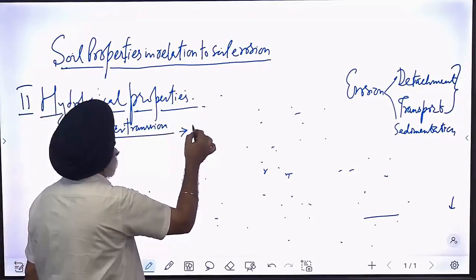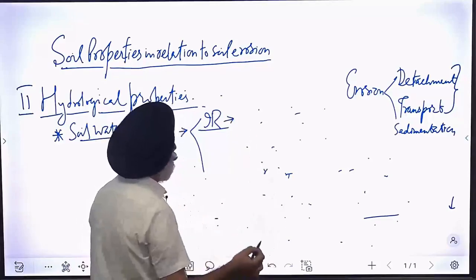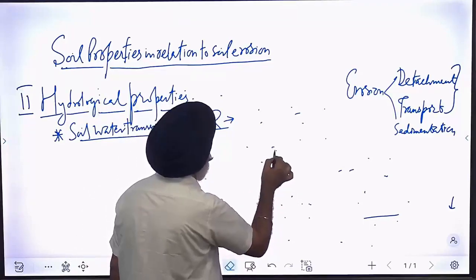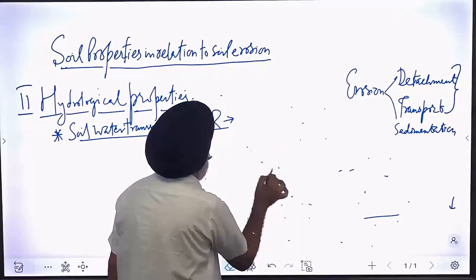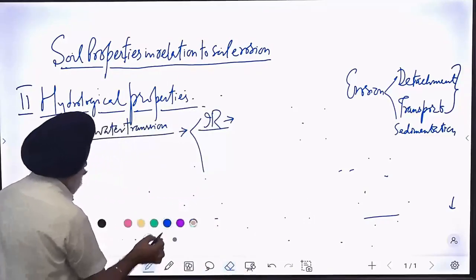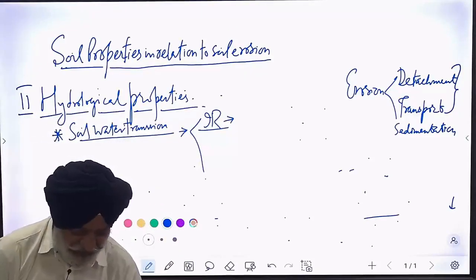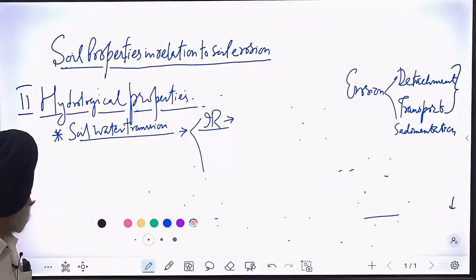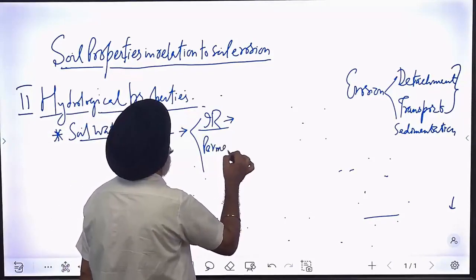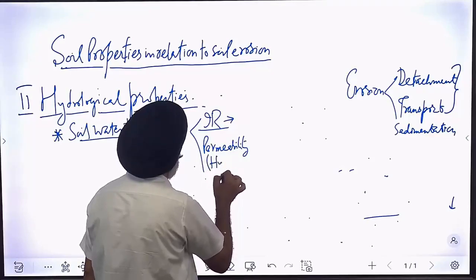Now, soil water transmission, when we say so, one is infiltration rate again. And just now we discussed the infiltration rate, it is a function of soil texture. And we also noted that higher the infiltration rate, lower will be runoff, lesser will be soil erosion, and vice versa. Second is the permeability. Now, permeability is a function of hydraulic conductivity.